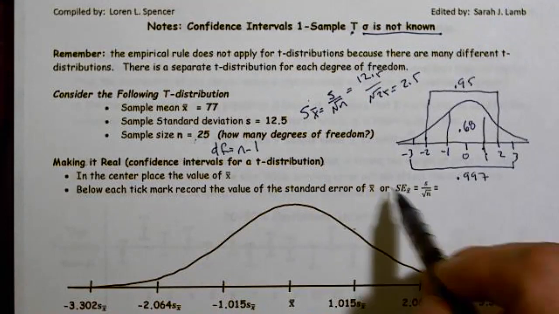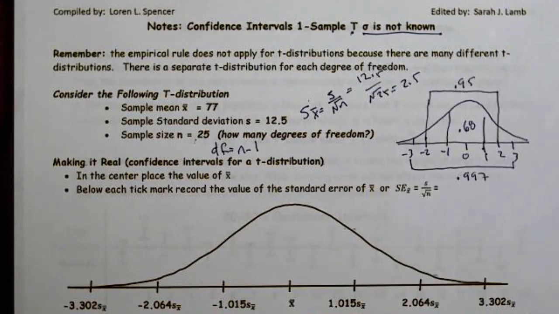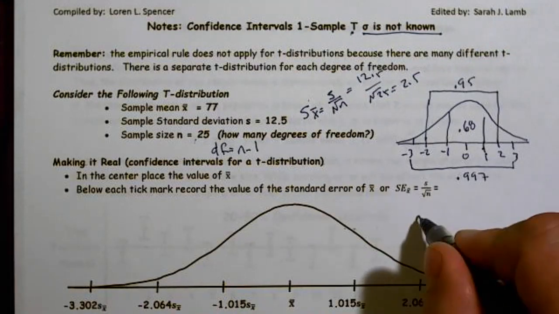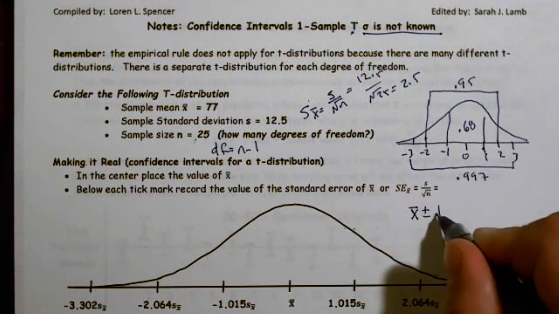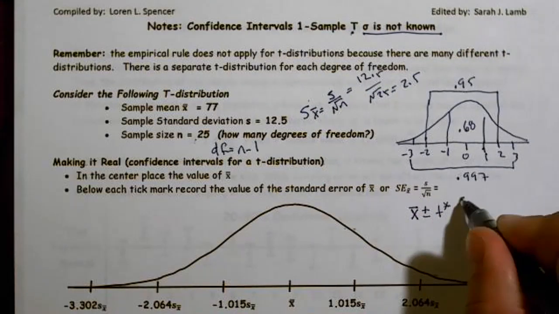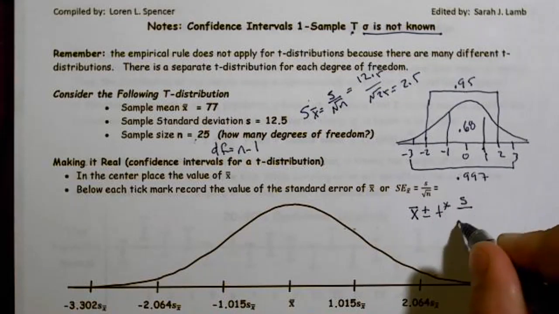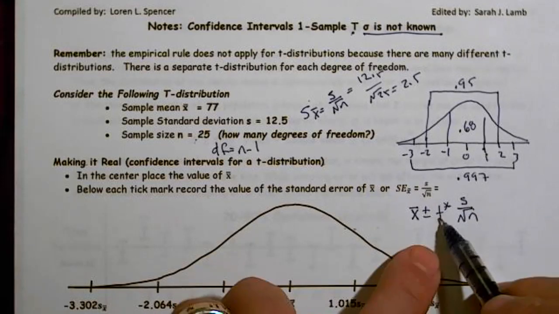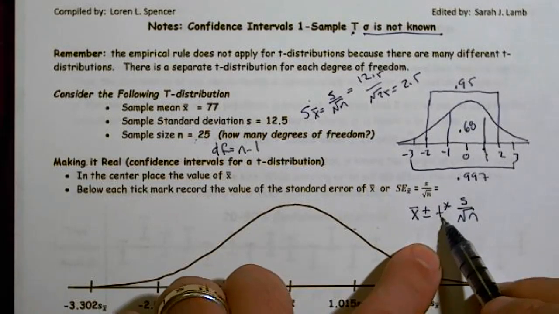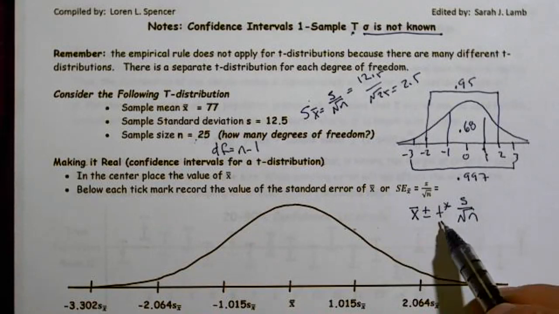All right. But we need to figure out a couple things. Our formula is going to be x bar plus or minus t star times s divided by square root of n. And our t star is associated with our confidence level. We're going to do 68% confidence, 95% confidence, and 99.7%.